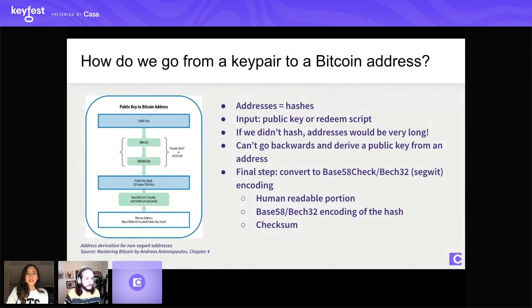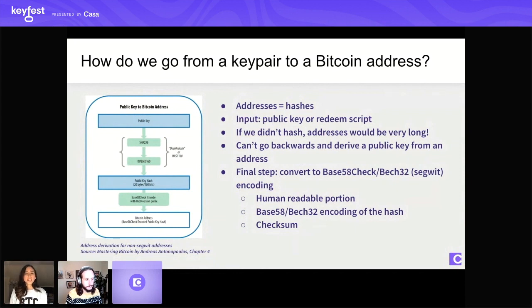I will be using the diagram on the left as a guide. It is from a really fantastic book called Mastering Bitcoin by Andreas Antonopoulos. It's one of the OG Teach Me About Bitcoin books. If you haven't read it, I highly recommend it. But do note that it's a little bit dated. It doesn't cover a newer feature called SegWit, but I still really like the diagram because it covers all the basics.